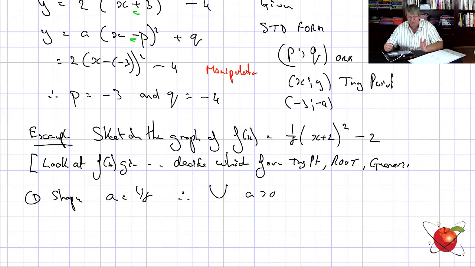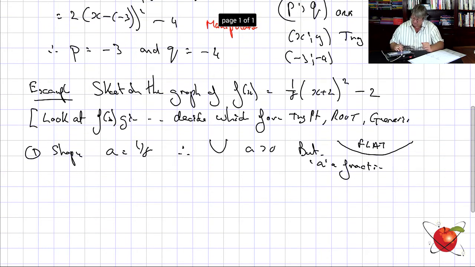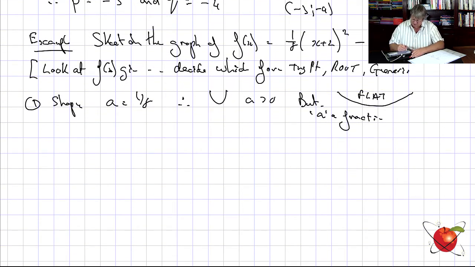But this you can do if you wish. It's going to be flat because A is a fraction. All relative to 1x squared.